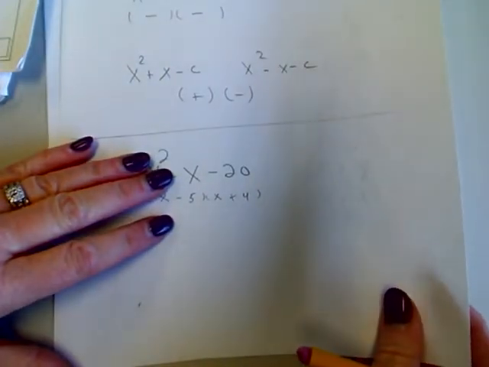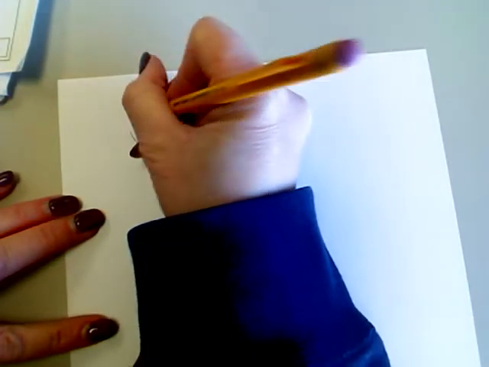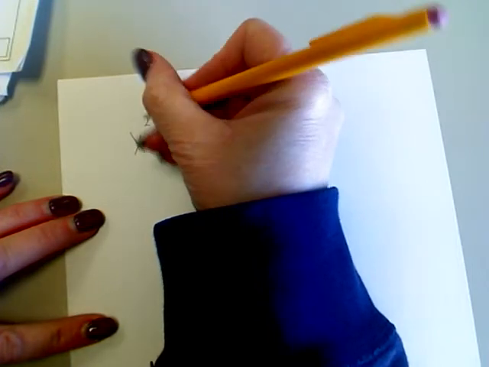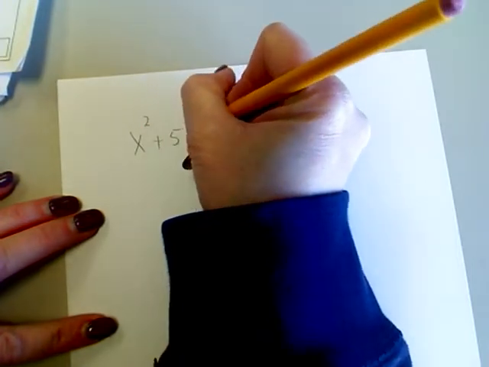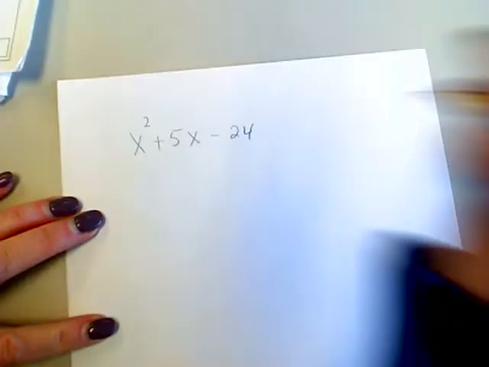Let's look at this one. I'm trying to find some with different signs to show you. We'll do x squared plus 5x minus 24.